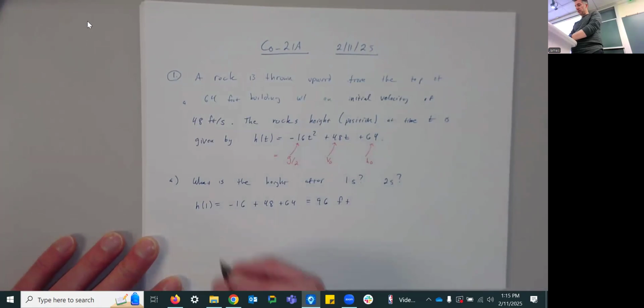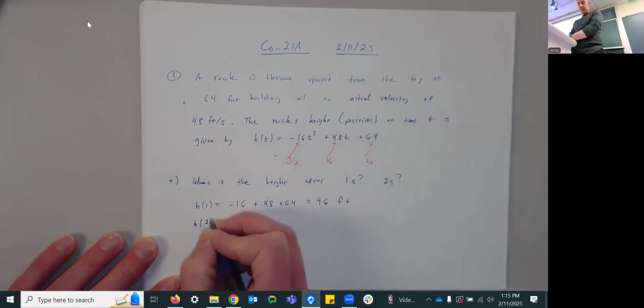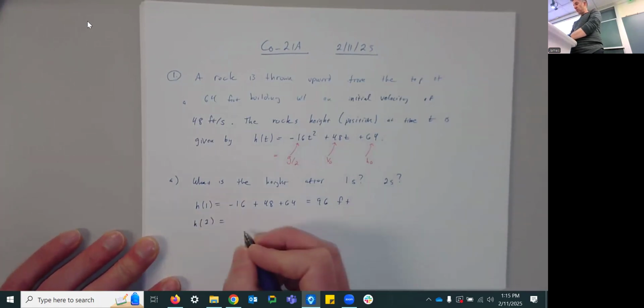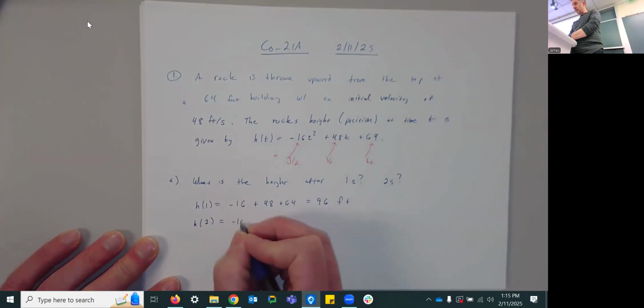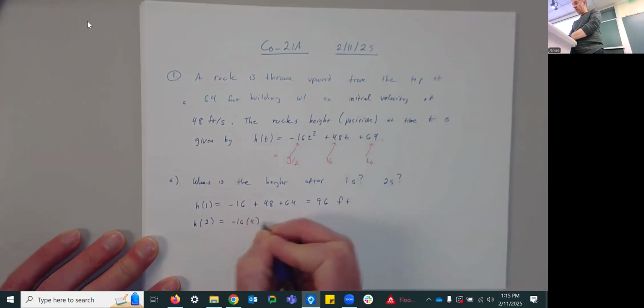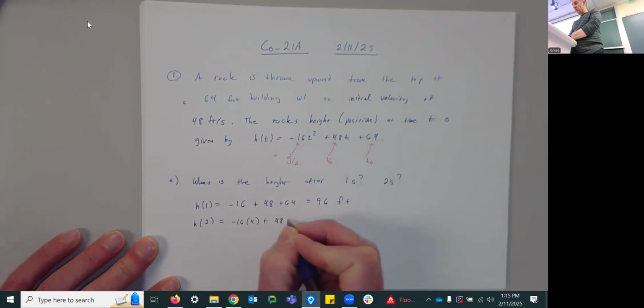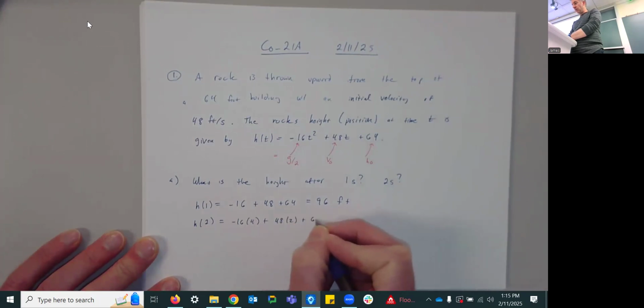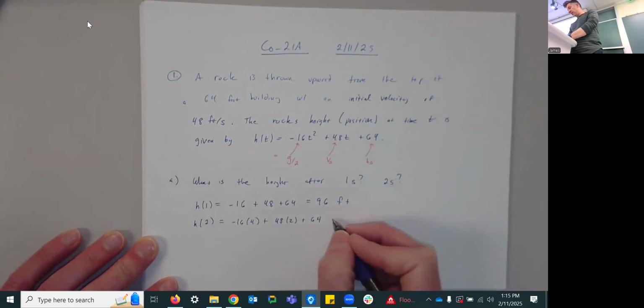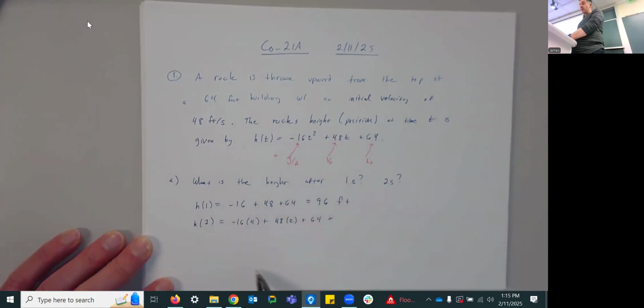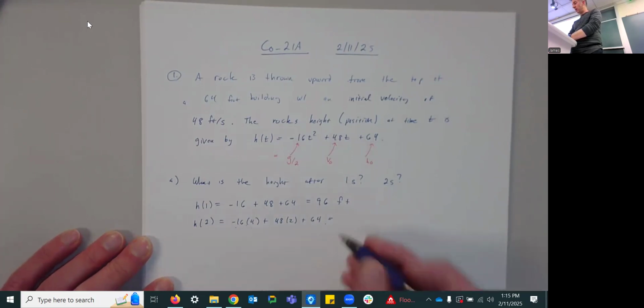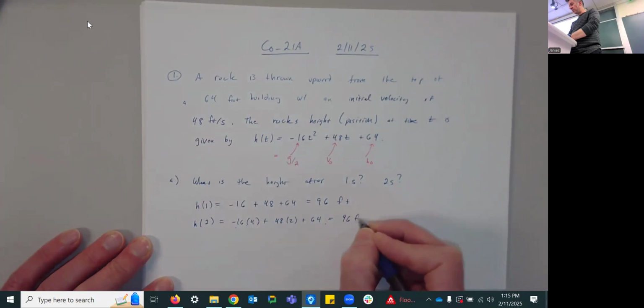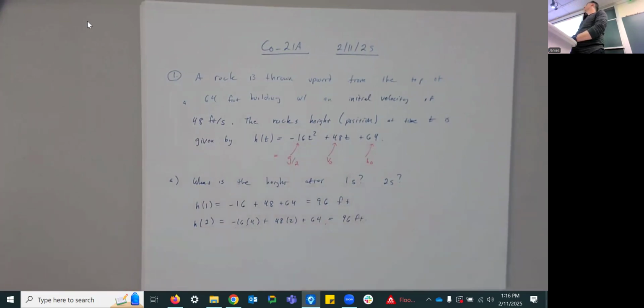After 2 seconds, plugging in 2, we're going to get negative 16 times 2 squared plus 48 times 2 plus 64. I didn't check my math ahead of time, so let's see here. Negative 16 times 4 is negative 64, and so those cancel out, and we end up getting 96 feet. It's like it didn't even move, but it did.